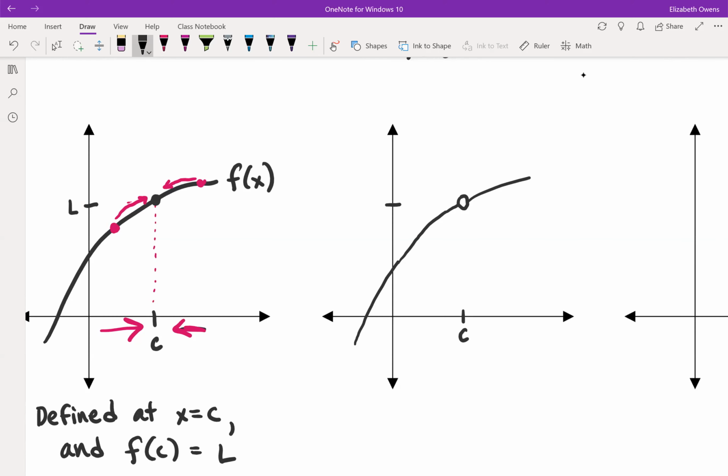It's the same limit, all right, as we're moving in towards x equals c. When we trace along the function, it's still approaching that same y value. It's just that when we actually get to x equals c, there's a hole there instead of an actual point. But we were still approaching the same thing. It's what happens in the approach, not what happens at the actual point itself.